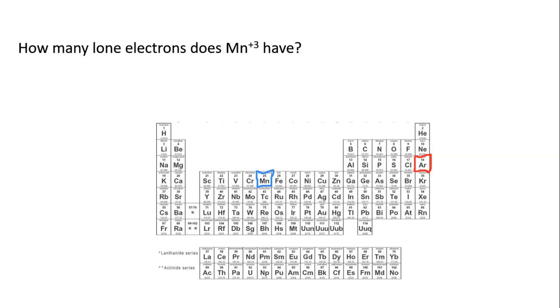Now we know manganese 3 plus is going to have argon in the electron configuration. We'll go ahead and put that. Now we see here that it's manganese 3 plus, and when you're doing electron configuration of transition metals, where do you remove from first? That's correct. We remove from the highest S, then the D.